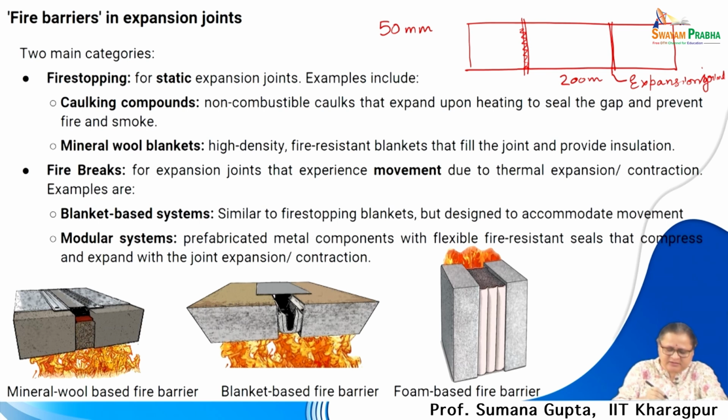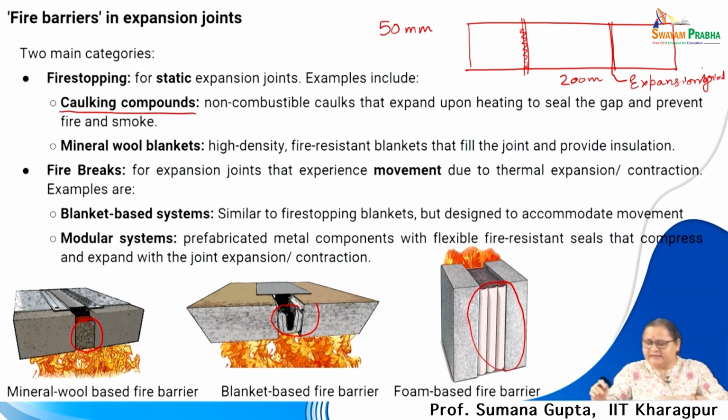You see here mineral wool based sealant, here blanket based sealant, which means fire barrier, and foam based sealant on the wall. These are the caulking compounds, that means you are plugging them with mineral wool or blanket based fiber or foam based material to fire stop such expansion joints.